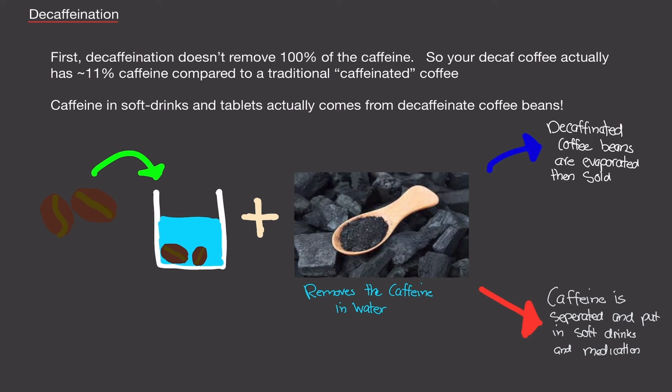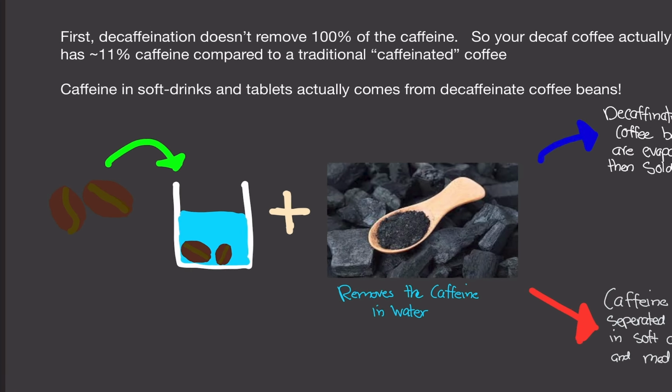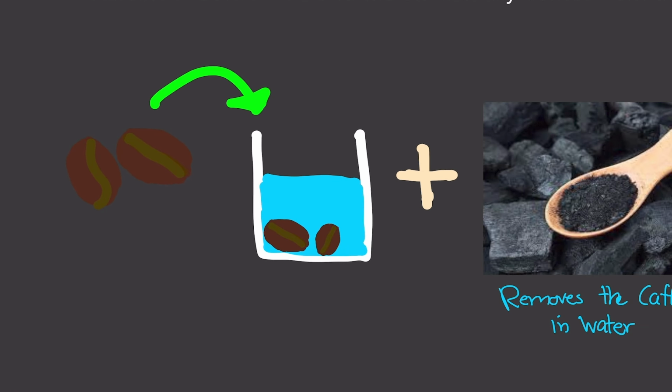Now, caffeine in soft drinks and medication actually comes from decaffeinated coffee beans. They don't go in the lab, make the caffeine and put it in soda. That's just a waste of time, energy, and everything else in the world. So instead they do this. They take coffee beans and soak them in water.